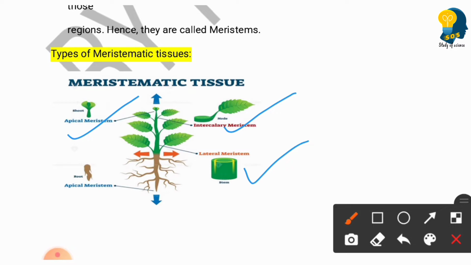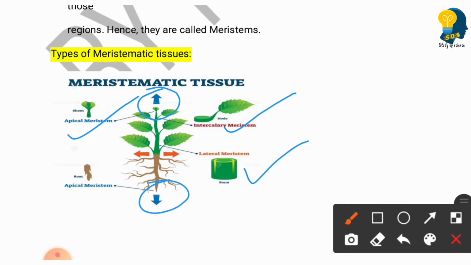So, apical meristem. These are the meristematic tissues present at the growing tips of the shoot as well as the root. So what is the function of it? It increases the length of the stem as well as the length of the root.